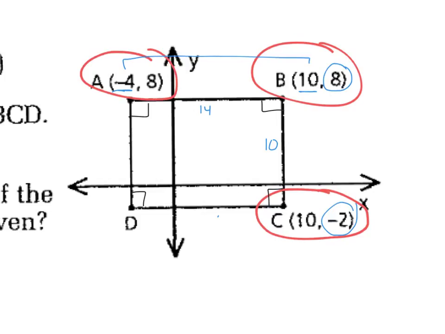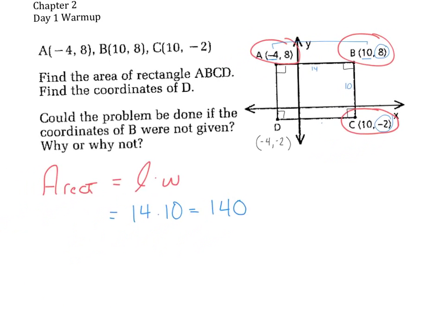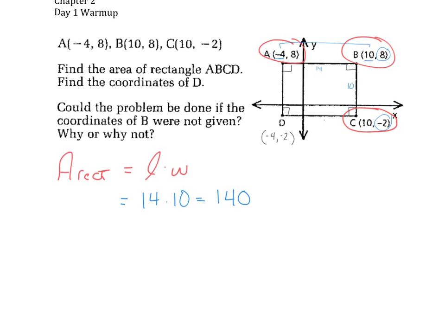So our coordinate for D is going to have the same vertical point, so x value, as point A. So that's going to be -4. And it's going to have the same vertical value as point C, which is -2. Which makes sense because you're in quadrant 3, and in quadrant 3 all points are negative. So the coordinate of D is equal to -4, -2.